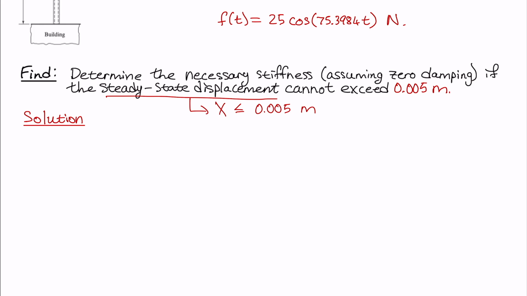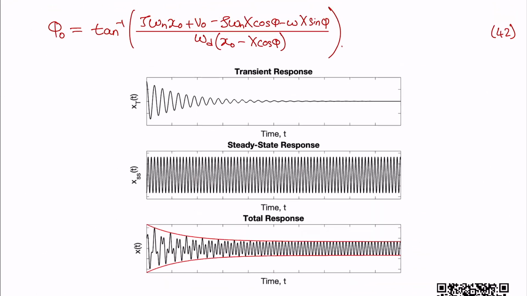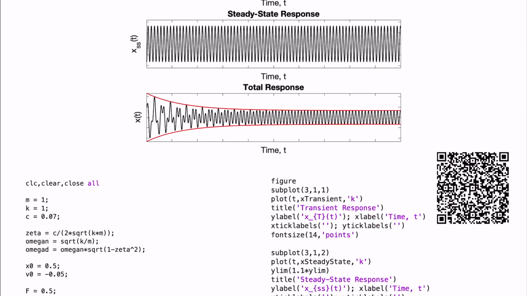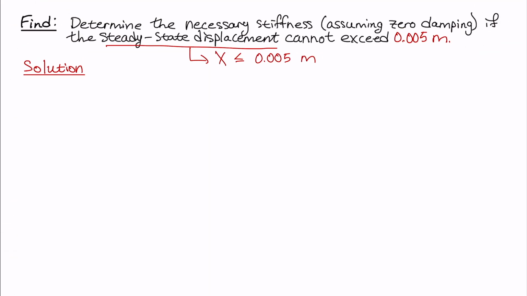The next thing is knowing what big X is equal to, which we get from equation 38 shown up here, which I'm going to rewrite. So we know the steady state displacement cannot exceed 0.005 meters.